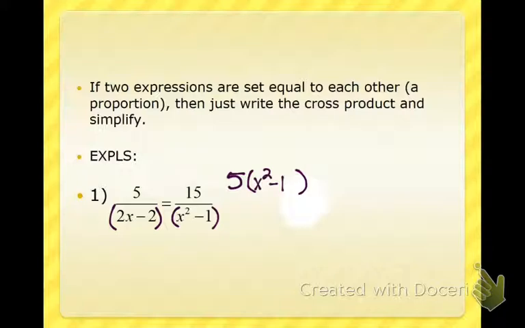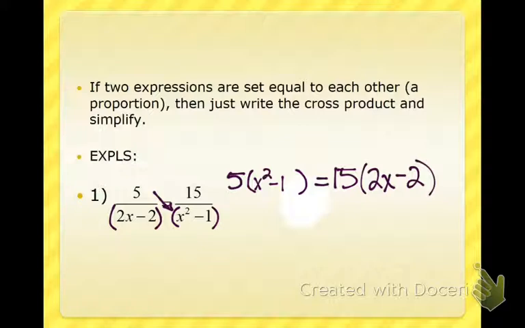Remember, with proportions, cross multiplying is diagonally multiplying. So the 5 gets multiplied to the x squared minus 1. We set that equal to the other cross product, which is going to be 15 times what? 2x minus 2.